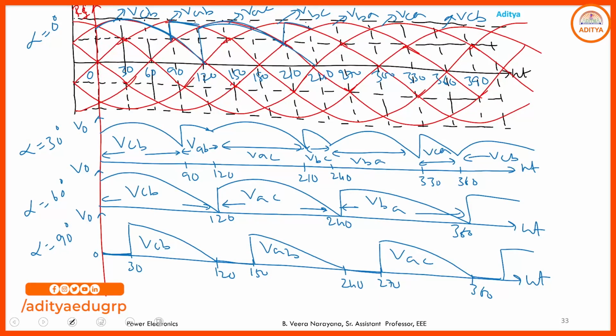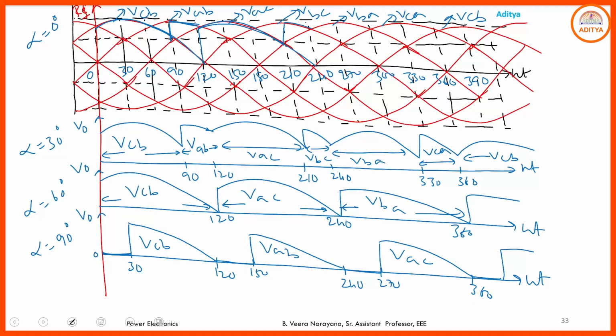That means if alpha is less than 60 degrees, 3 pulses have the same time period and 3 pulses have another time period. Hence you take common those 3, and for the remaining pulses you write the timing interval. So what is the time interval here?